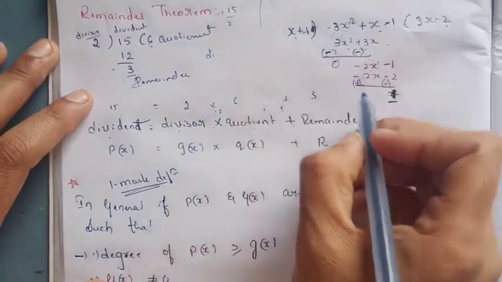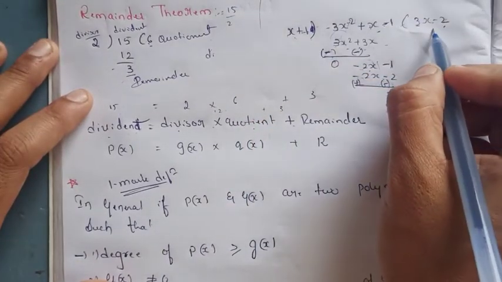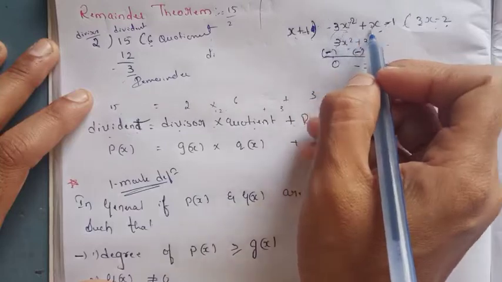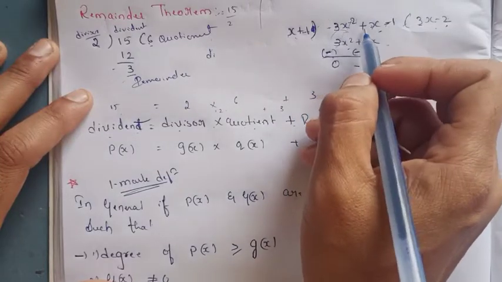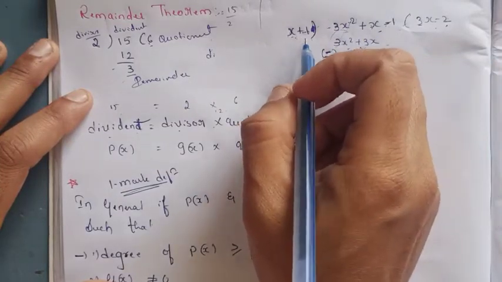And we got here the remainder is 1, the quotient is 3x minus 2, and the dividend is 3x square plus x minus 1, divided by x plus 1.